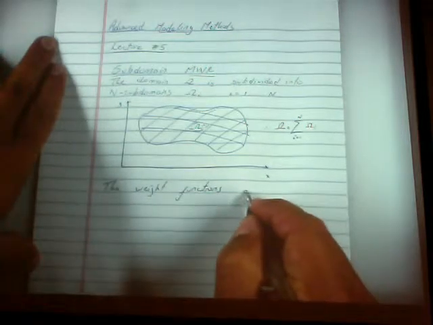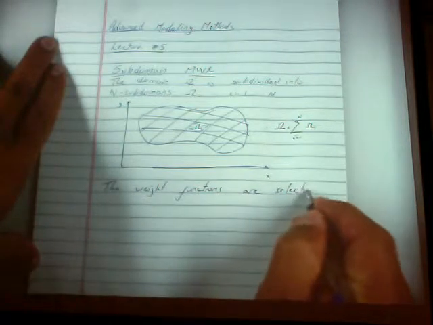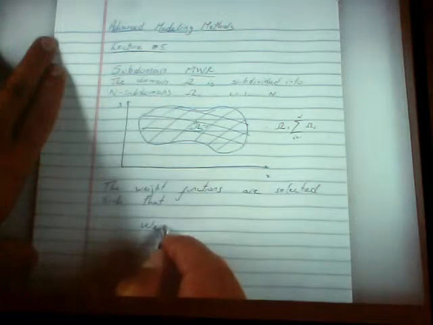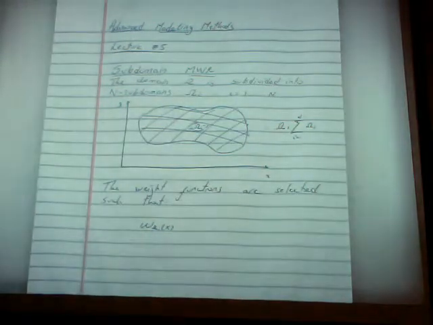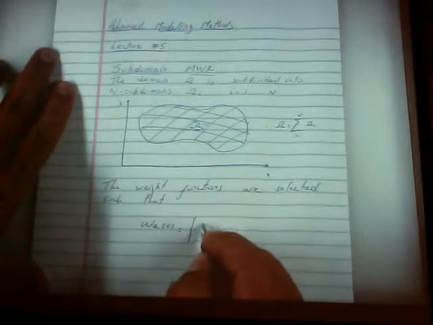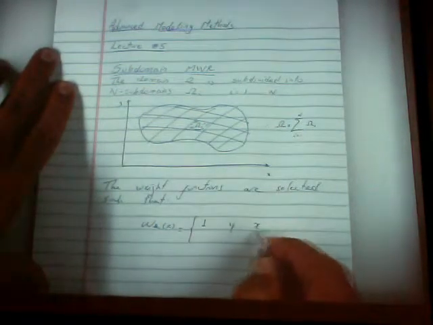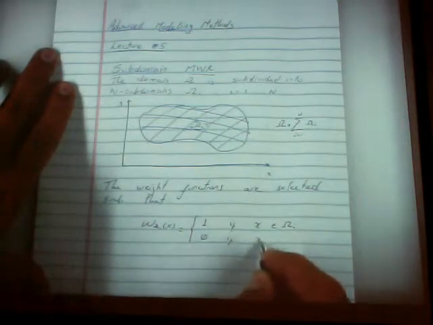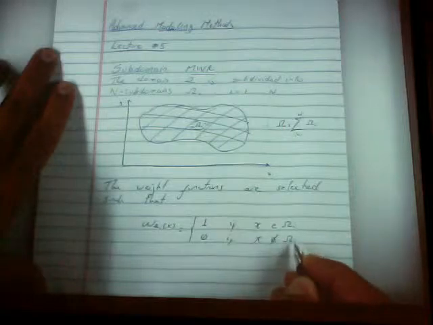The weight functions are selected such that the weight function omega I, the ith weight function, is equal to 1 if x belongs to the subdomain and 0 if x doesn't belong to that subdomain.